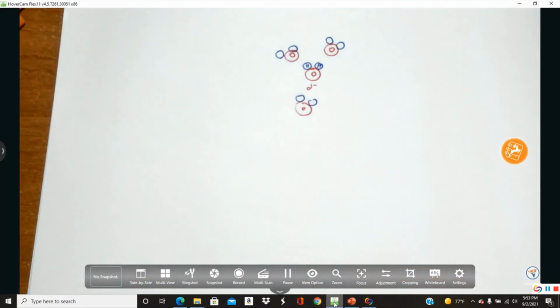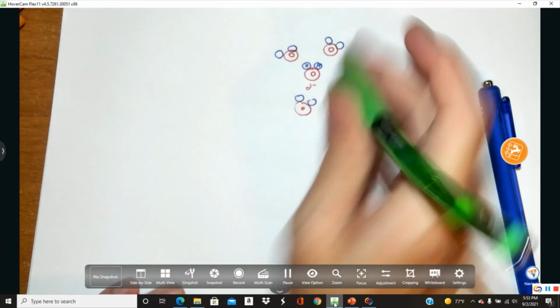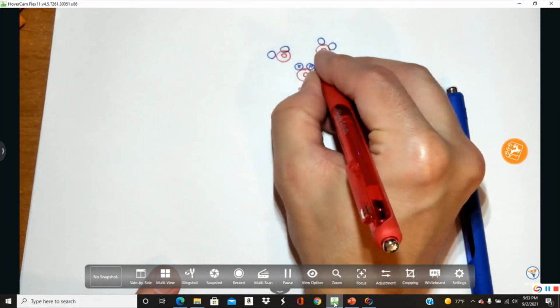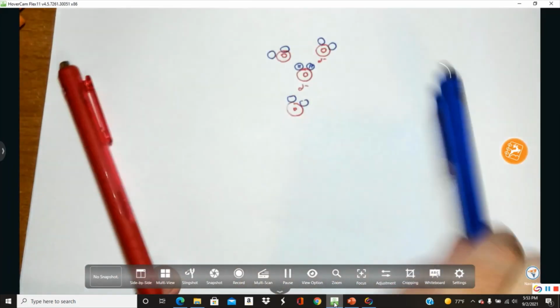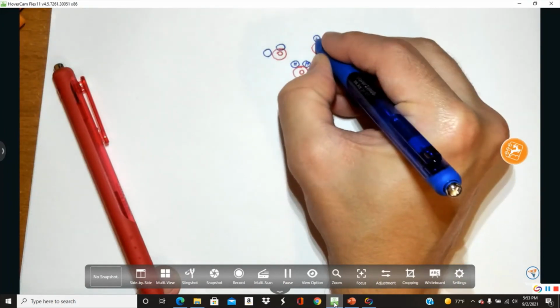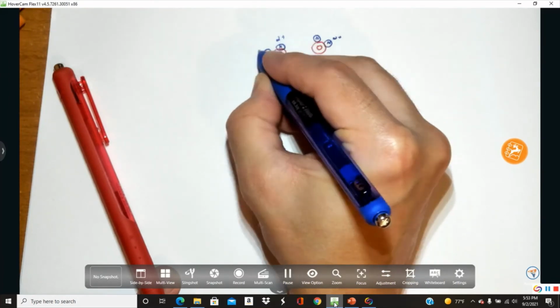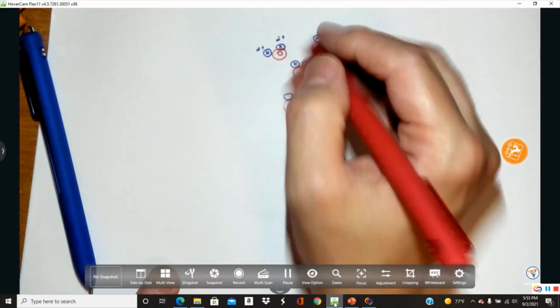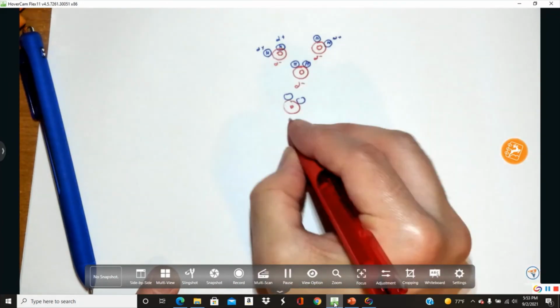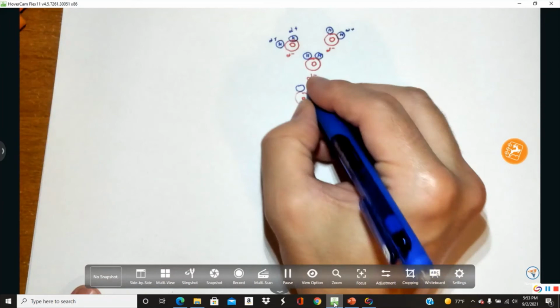Okay. Now, what's going to happen is there is a partially negative charge and a partially positive charge where the hydrogens are. Hydrogen has a partial positive charge. Oxygen has a partial negative charge.